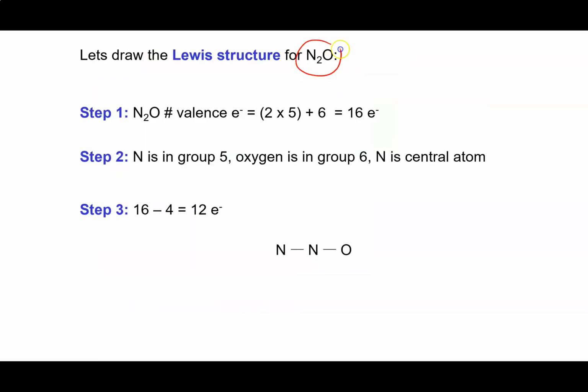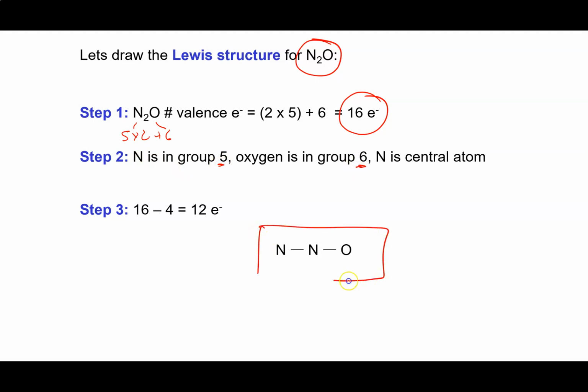So we're going to draw the Lewis structure for N2O. Nitrogen's in group 5A, and we've got 2 of those, and oxygen is in group 6A, so we've got 6 electrons there, giving 16 valence electrons in total. Nitrogen's going to be our central atom because it's in group 5, whereas oxygen is in group 6.